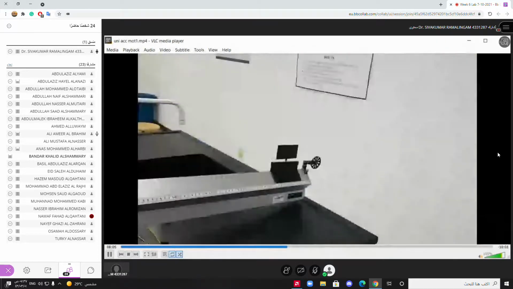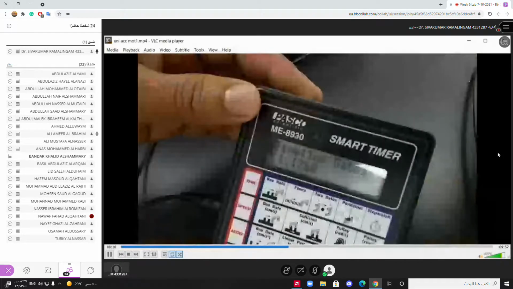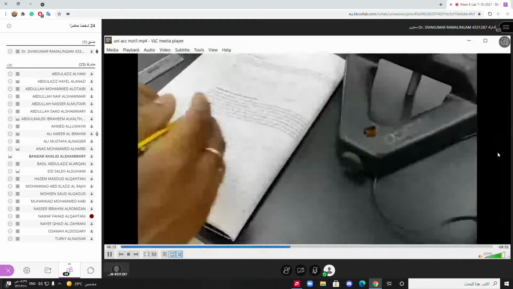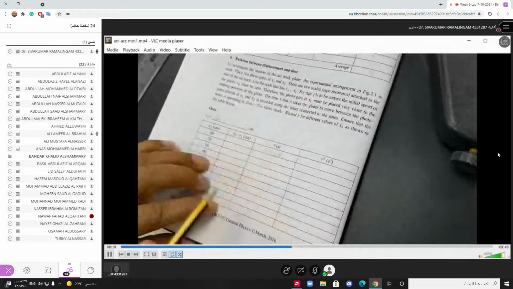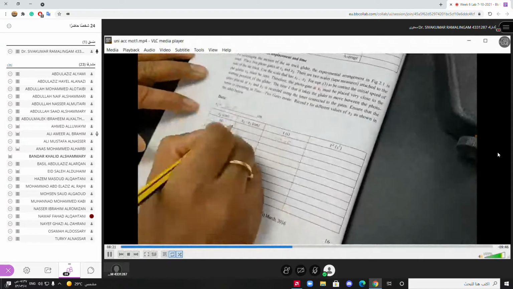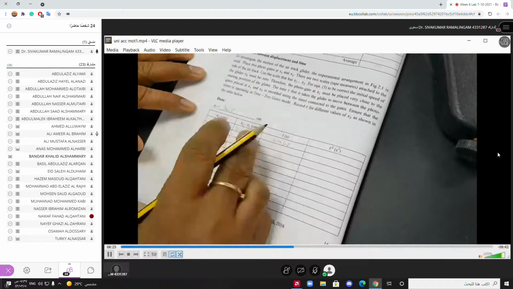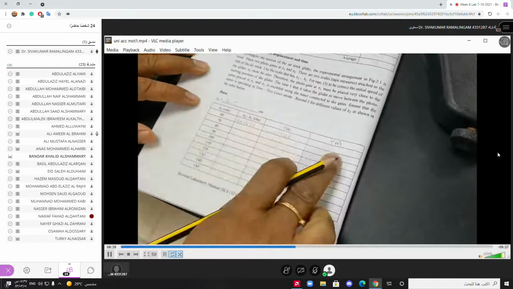Now it started moving. You can get the time taken to travel the distance: 1.1760. And x2 minus x1 is 60 minus 14.5. You can write the value, and the square of this is t square.